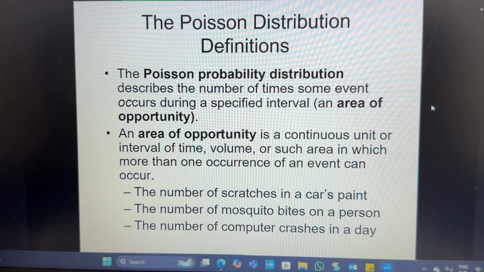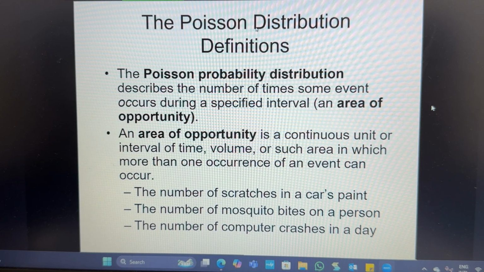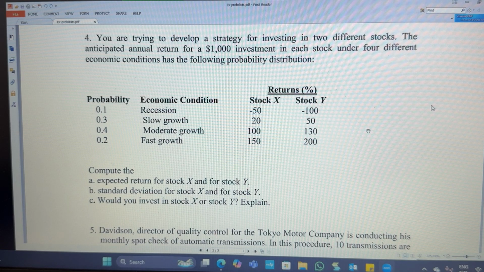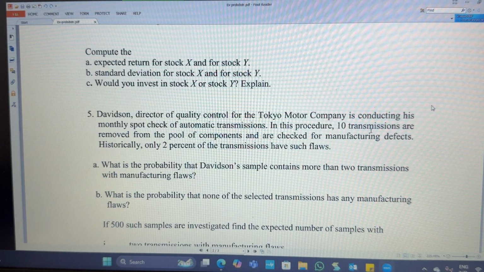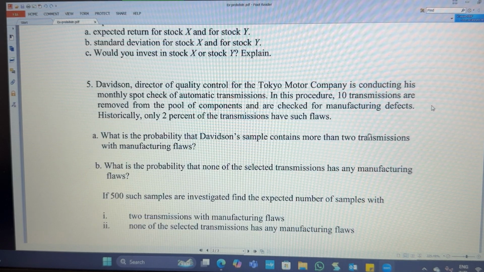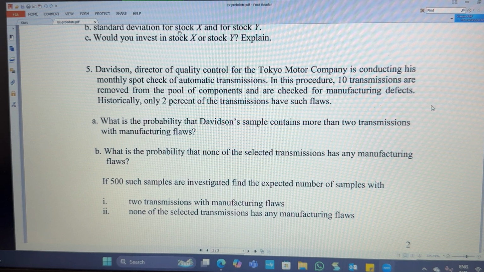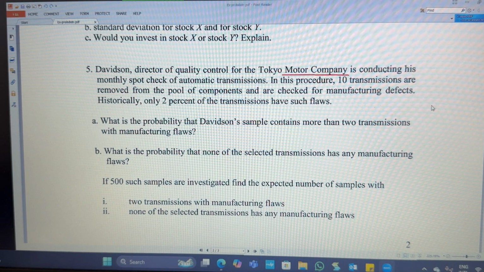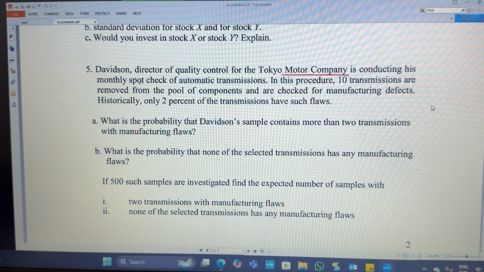Before we go to the Poisson distributions, we will do a sum from our exercise. Look here, number 5. Davidson, Director of Quality Control for the Tokyo Motor Company, is conducting its monthly spot check of automatic transmissions.